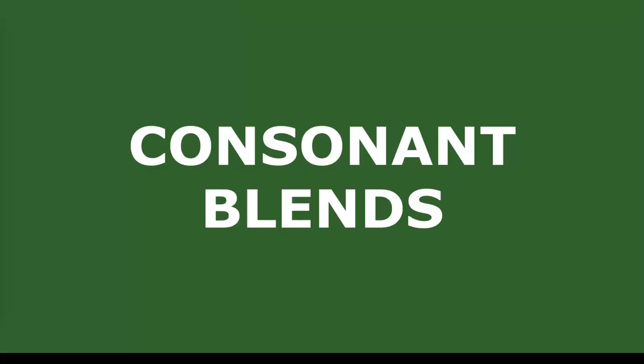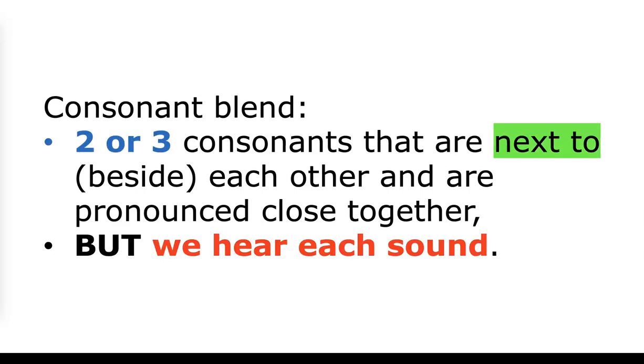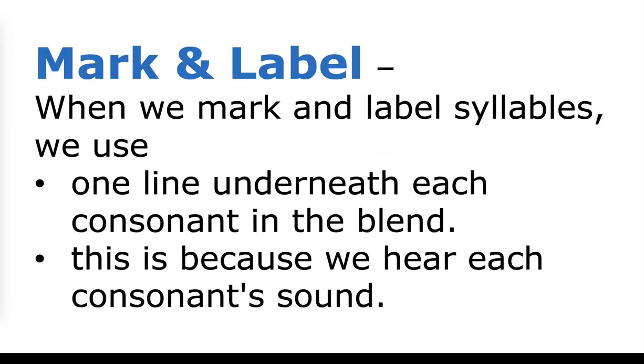Consonant blends are different. A consonant blend is 2 or more consonants that are next to, or we could say beside, each other and are pronounced close together, but we hear each sound. Again, 2 or 3 consonants that are next to each other, but we hear each individual sound.